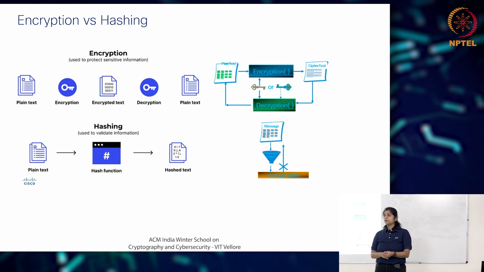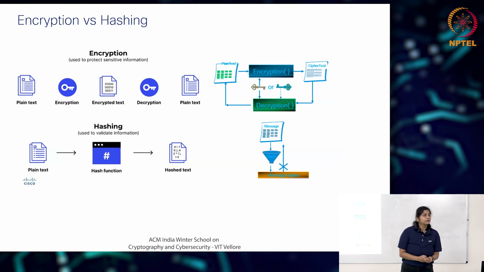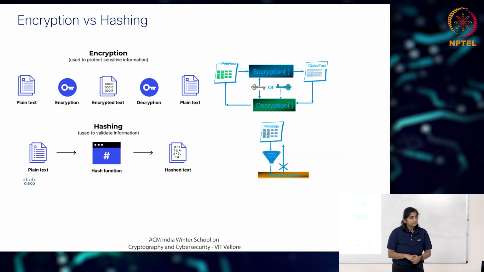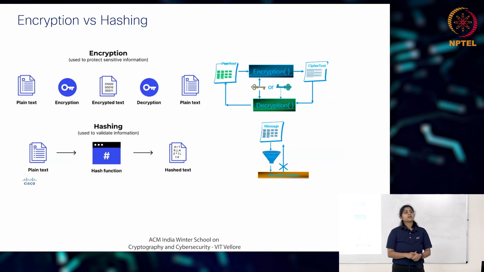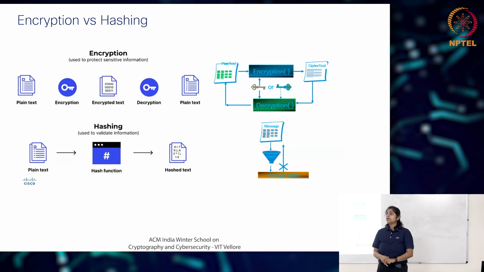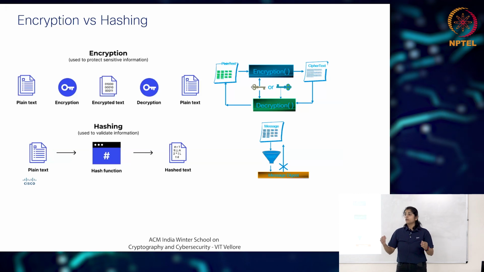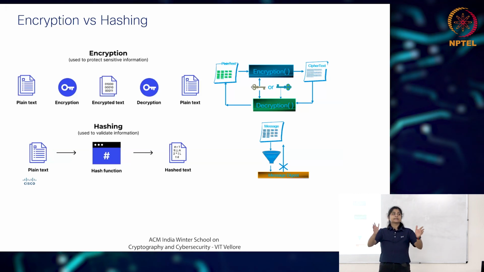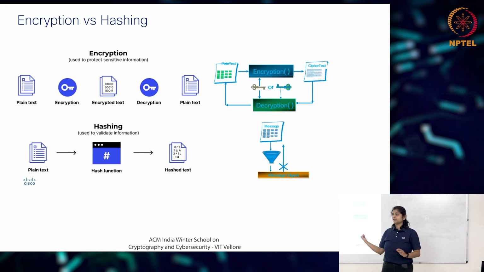Right, there might be some purpose why we are using hashing. The goal is to check whether the hash matches or not. That's a very big use case of hashing. We actually don't use it to send the data itself, but we want to verify the data is what was sent or not. Integrity, hashing.